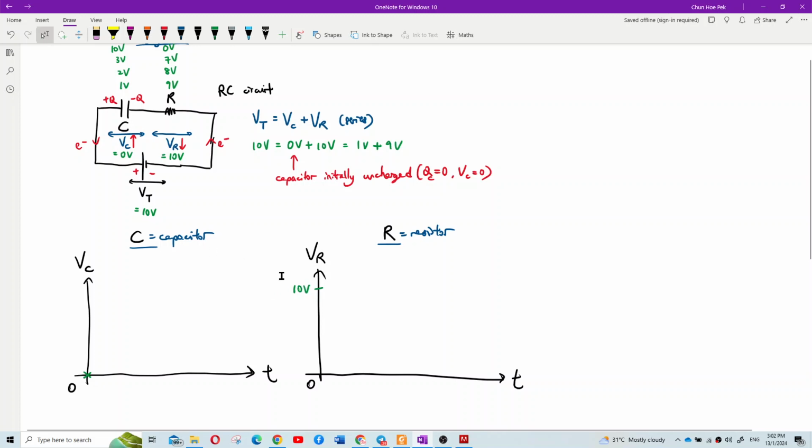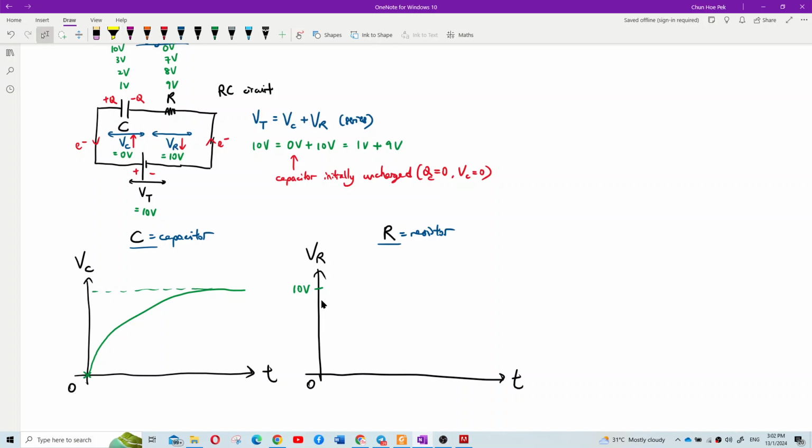This 10 volt, I just give the value. So this is actually what is happening. The capacitor voltage is increasing while it's charging. Yeah, this is the charging process. So the voltage increases until it achieves 10 volt.